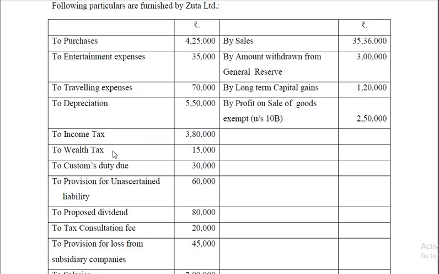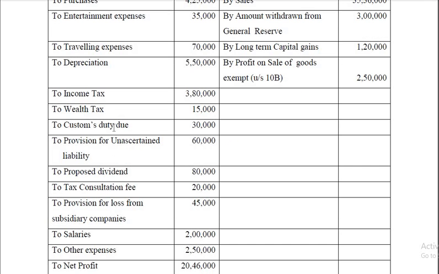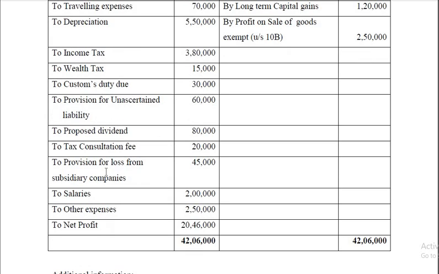Income tax is disallowed, wealth tax is disallowed, customs duty due 30,000 minus 25,000, 5,000 still payable. All these are disallowed while computing business income. Provision for uncertain liability, proposed dividend, provision for loss from subsidiary companies, these are all disallowed. Similarly, other expenses include donation to Prime Minister's National Relief Fund, that is also disallowed.